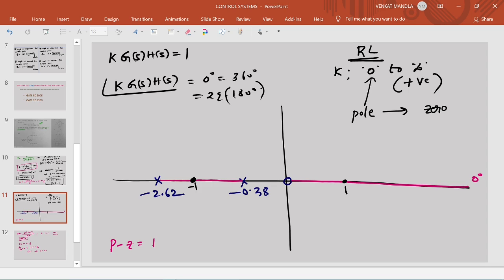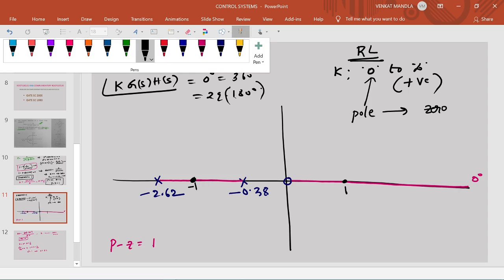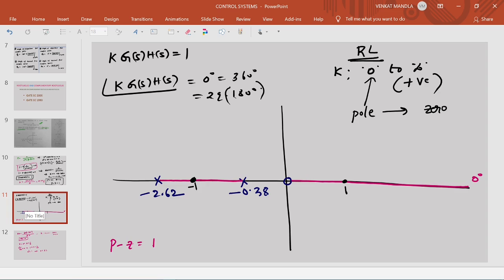Because these lie on the root locus plot. From this information I will draw a root locus, because at s equal to minus 1 and s equal to plus 1, break-in and breakaway must exist.